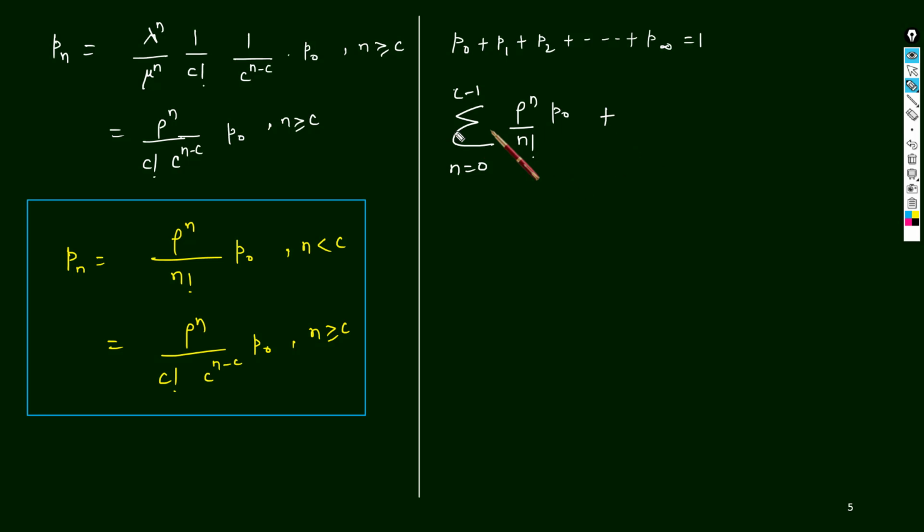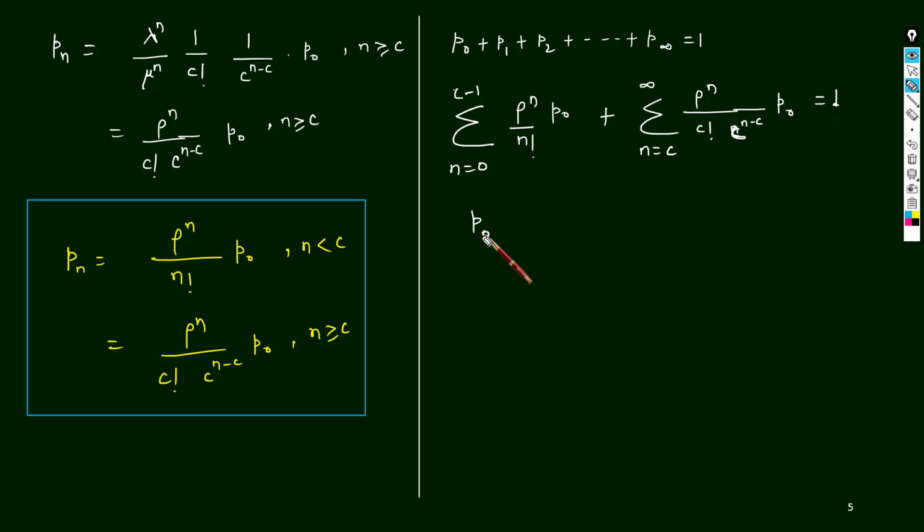And plus, from n is equal to c to infinity, what is the expression? Rho to the power n divided by c factorial, c to the power n minus c into p naught, and that is equal to 1. So p naught we will calculate from here.